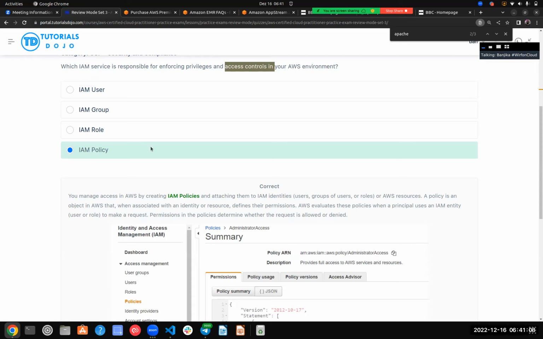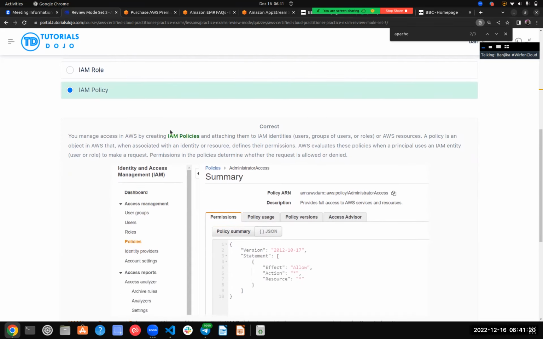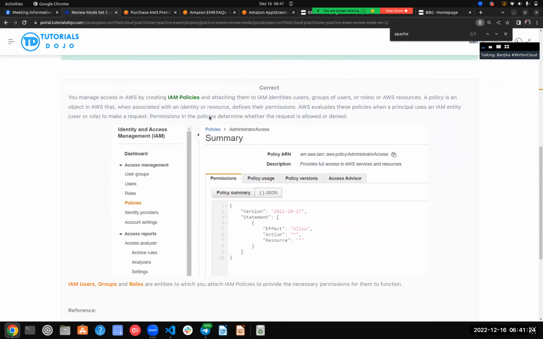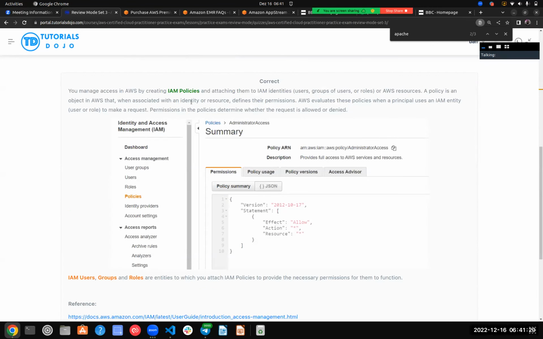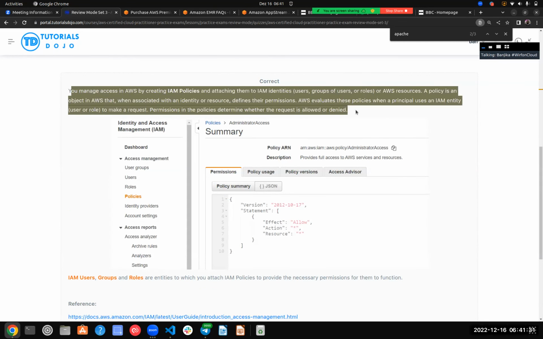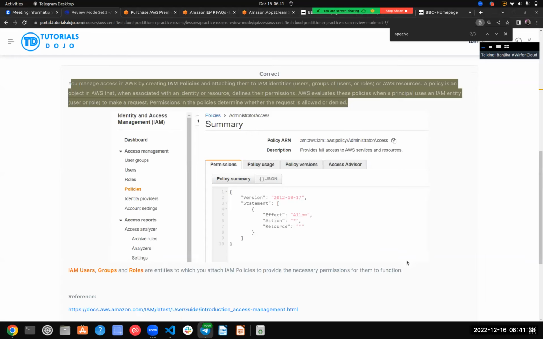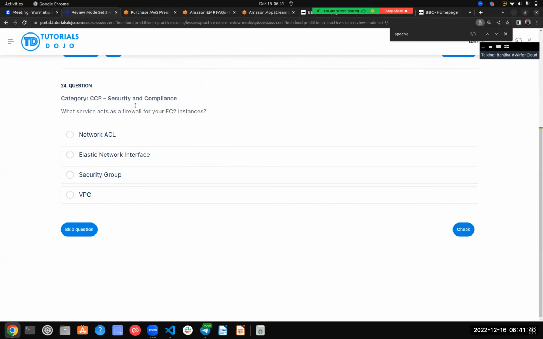An IAM policy helps in authorization, which is still access control. A group is a collection of users. A role means temporary credentials, where one AWS service communicates with another. So always try to explain the terms or reflect on what they are. That could help.